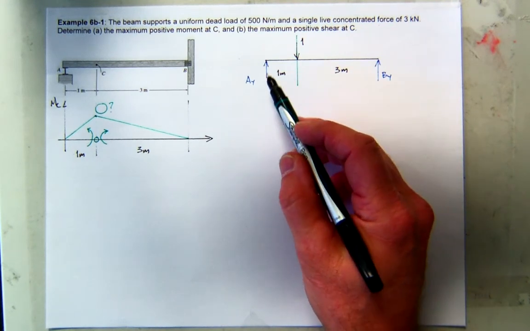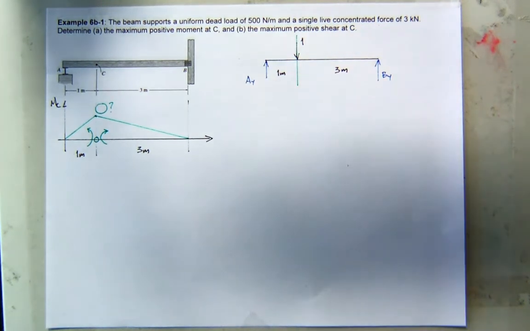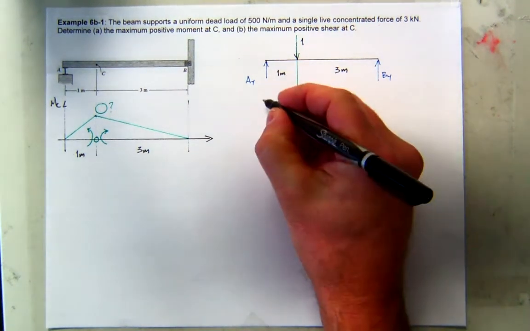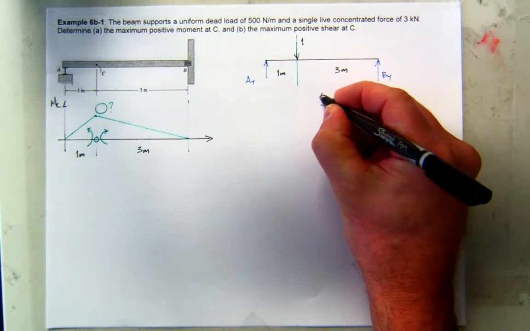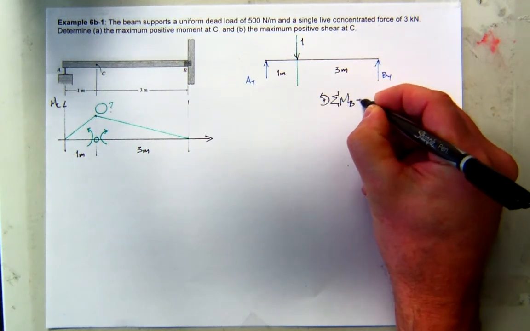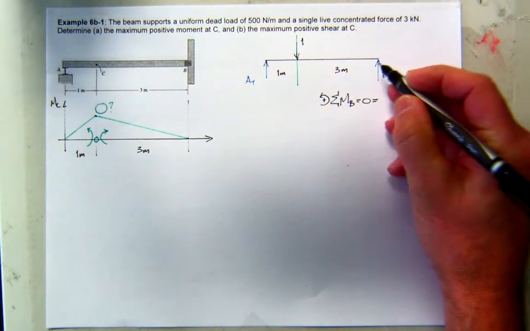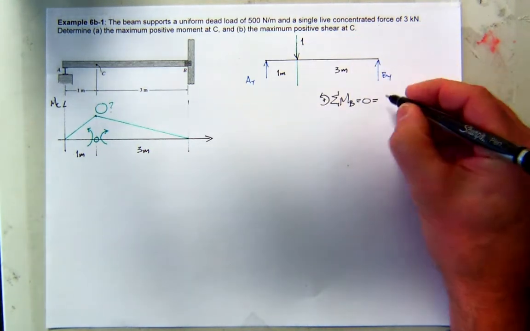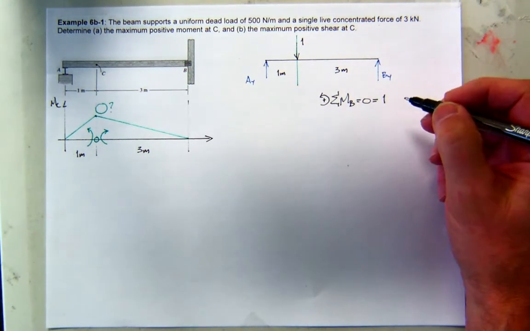So if I do the left, I need to find AY. So let's do that first. I will sum moments about B. Make sure it's in equilibrium. So about B, my 1 creates positive moment. Again, it has no dimension.